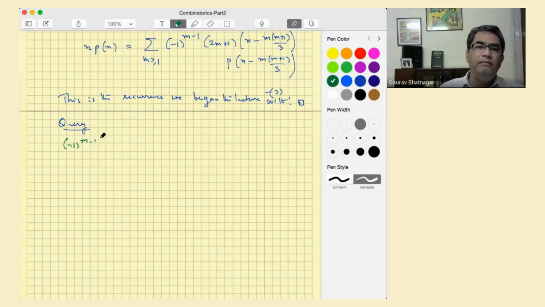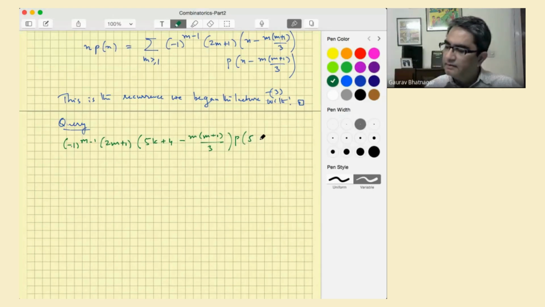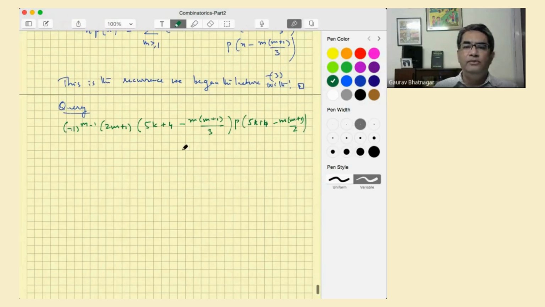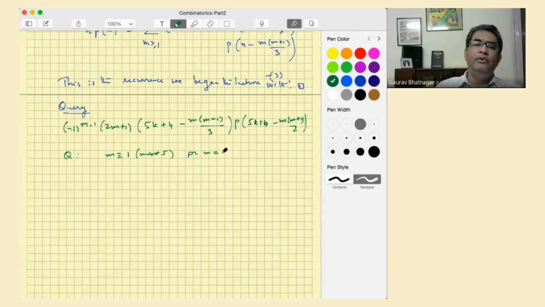This was the general term, and the question was on M congruent to 1 mod 5 and/or M congruent to 3 mod 5.